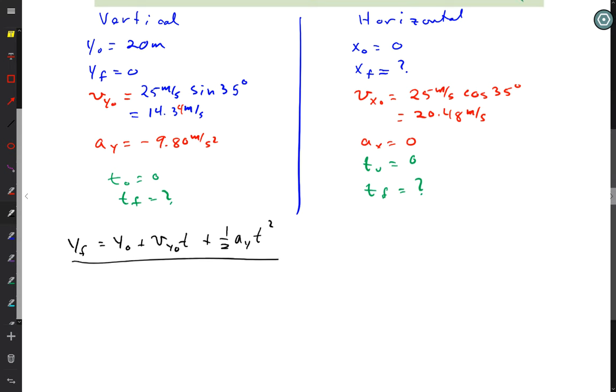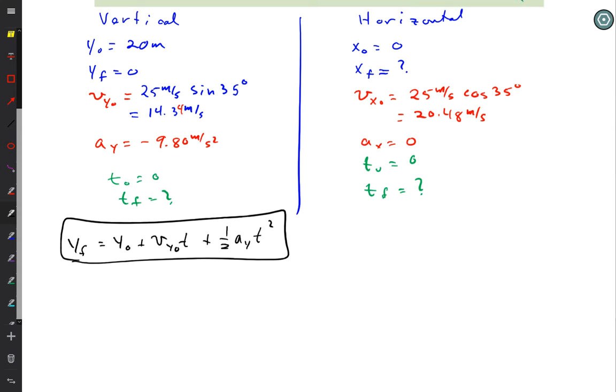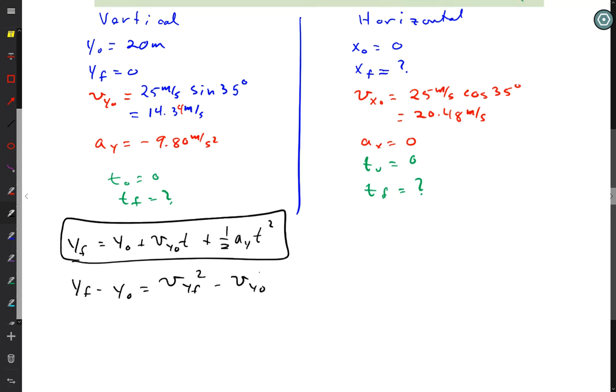So instead of using this that would have given me the answer in one shot, but had me use the quadratic, I'm going to use this and solve it for Vy final.